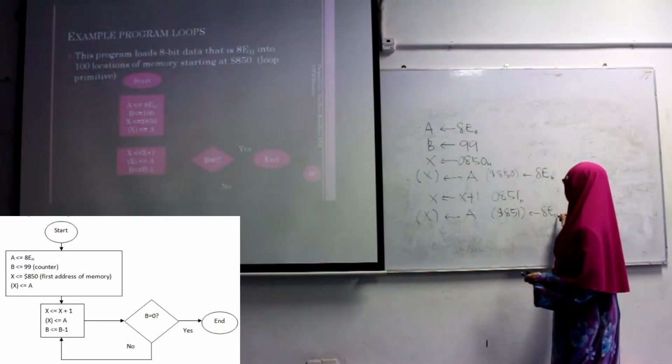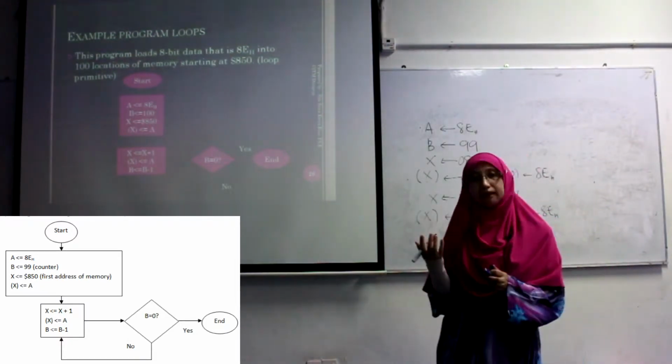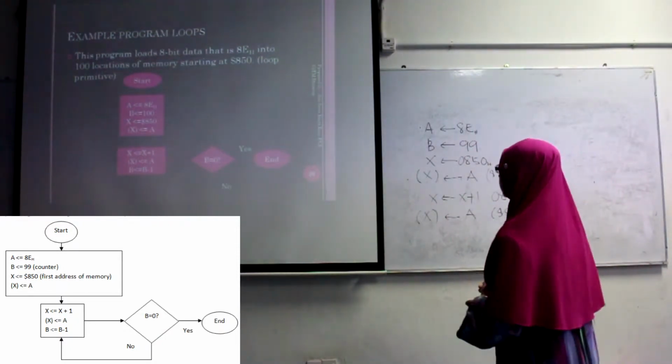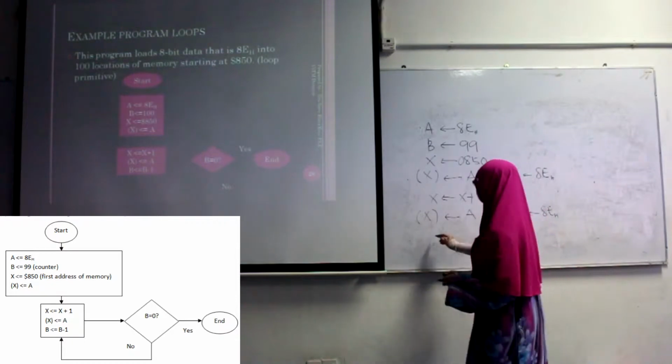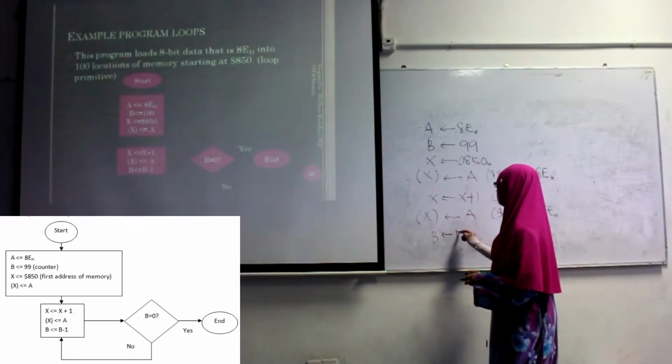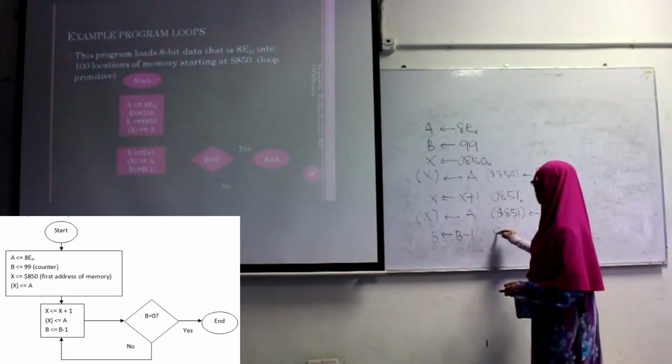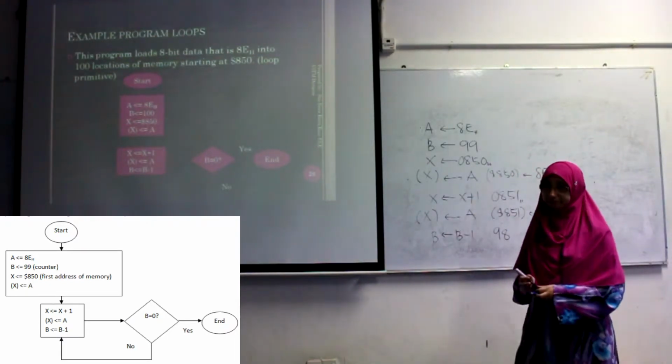So the second data is inserted into the second memory. And then we have to decrease B, our counter, by 1. Our counter was 99, now it is 98.